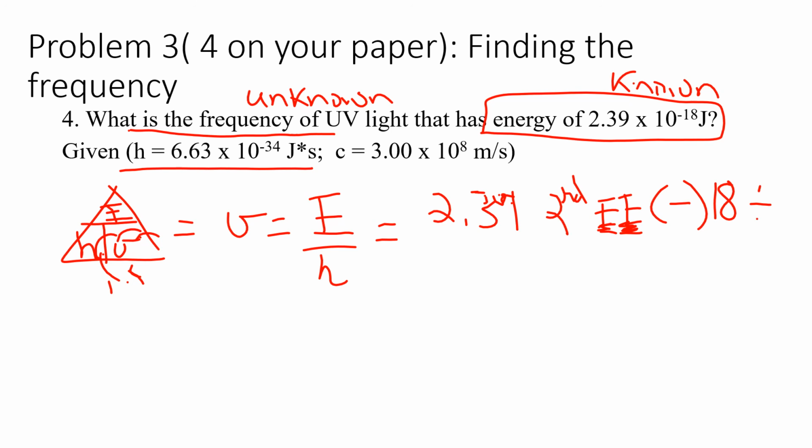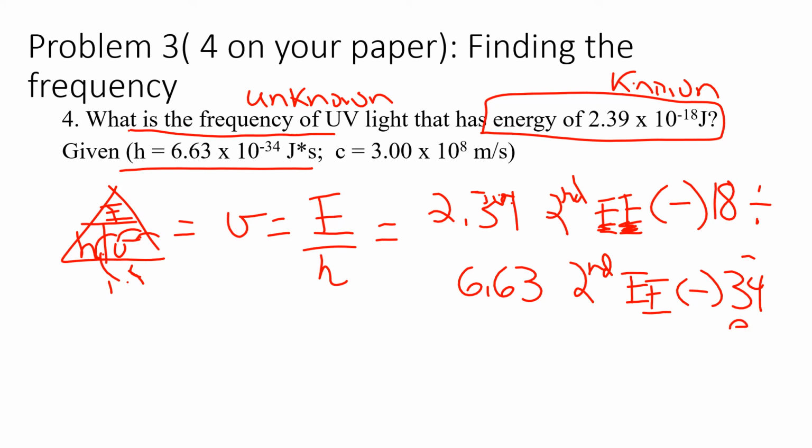And then hit the divide key. Then enter Planck's constant, 6.63, do second EE again. Button, find the negative, and hit number 34, and enter.